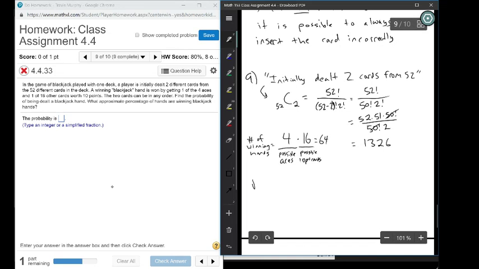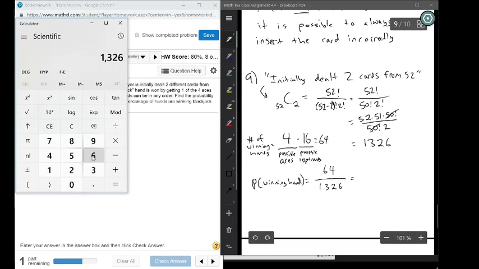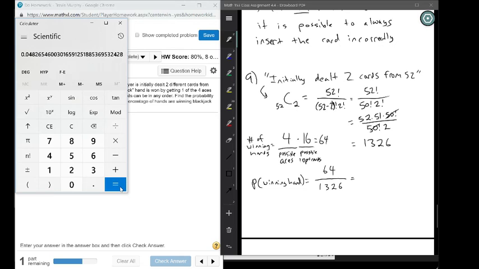So the probability of a winning hand would be 64 possible winning hands out of 1,326 possible 2 cards dealt. So 64 divided by 1326, we're going to need that in fraction form.